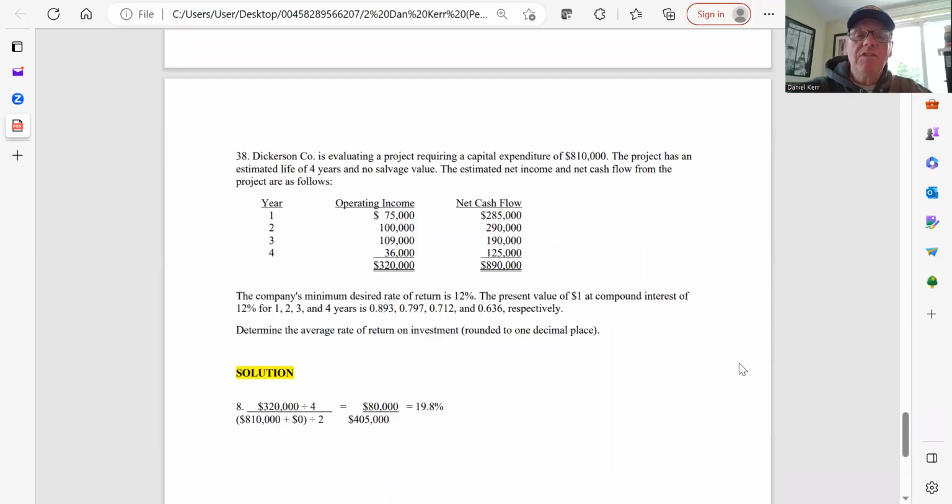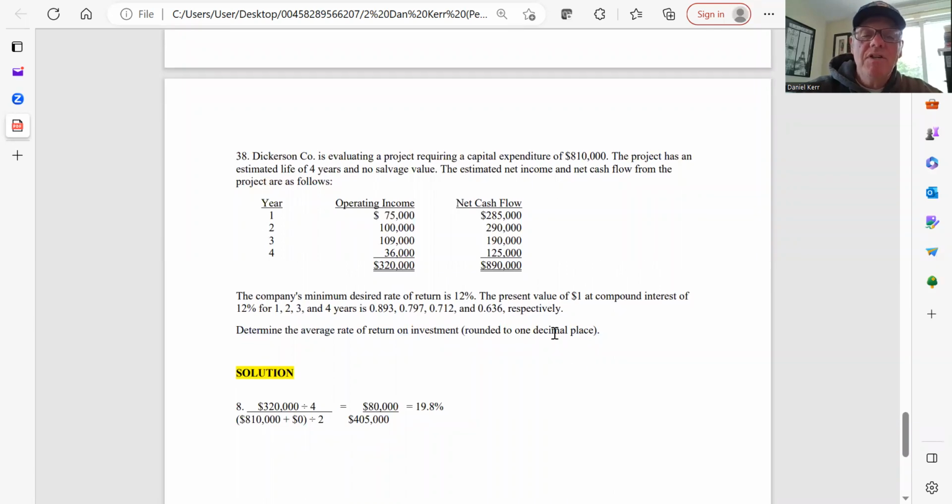So the average rate of return would simply be the average operating income over the 4-year period. Operating income is 320,000 over the 4-year period, divided by 4, so you've got 80,000. All these present values are nice to have, but they're not really relevant because you're computing the average rate of return.